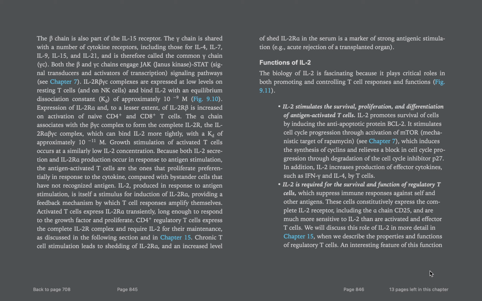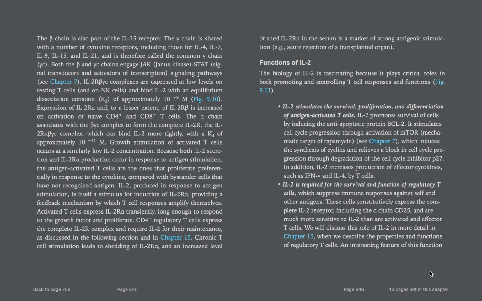As discussed in the following section and in Chapter 15, chronic T cell stimulation leads to shedding of the interleukin-2 receptor, and an increased level of shed interleukin-2 receptor in the serum is a marker of strong antigenic stimulation, as in acute rejection of transplanted organs. Function of interleukin-2.